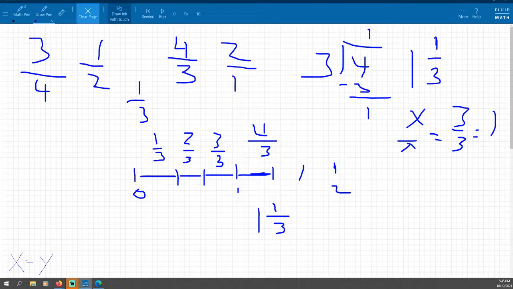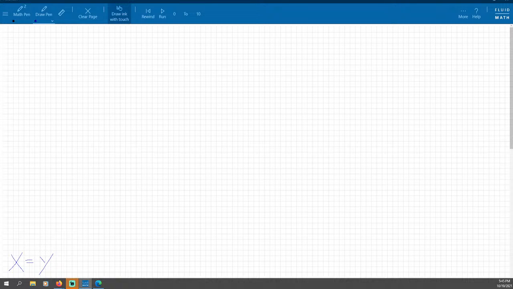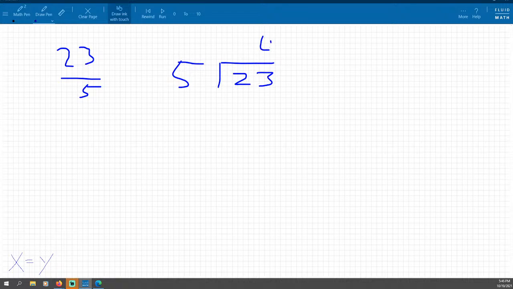Let's do something a little more difficult here. Let's say you had 23 over 5. So you want to do a little division. 5 goes into 23 4 times. That makes 20. And you have 3 left over.